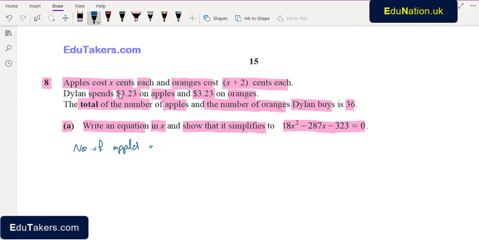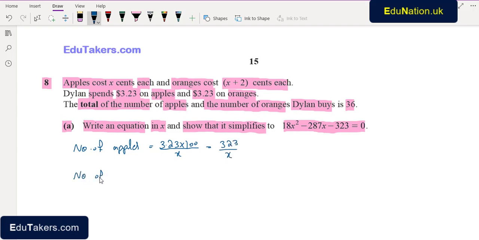This is in dollars, and apple cost is x cents, so we will convert it into cents. 3.23 multiplied by 100 over x is equal to 323 over x.